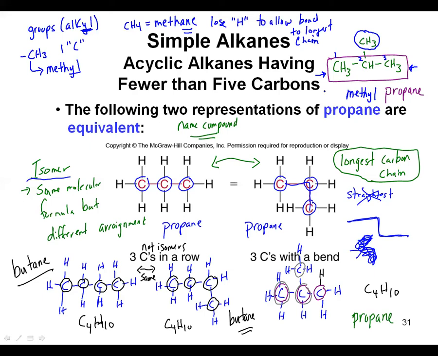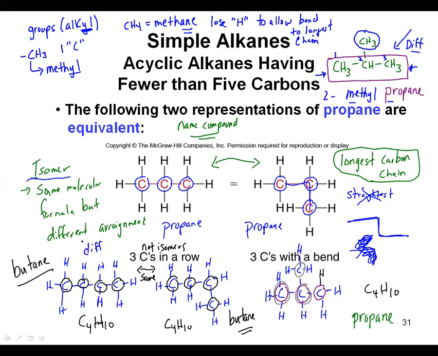But I'll just put it here, 2-methyl propane, but it's really probably just going to be called methyl propane in this case because it can only go in one spot. So to get back to the isomers, and we're going to talk about naming a little bit more here in just a second, when we go through this process of naming, we see that we do get a different name here than what we had down here.